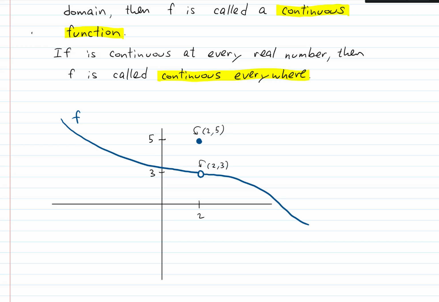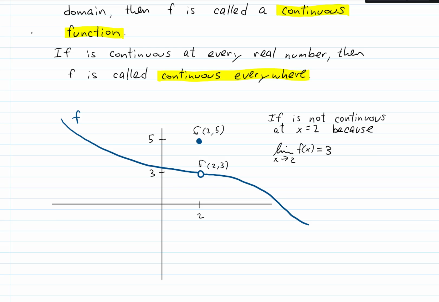So why is f not continuous at x equals 2? There's only one reason. f is not continuous at x equals 2 because the limit of f of x as x approaches 2 is what? It's 3.